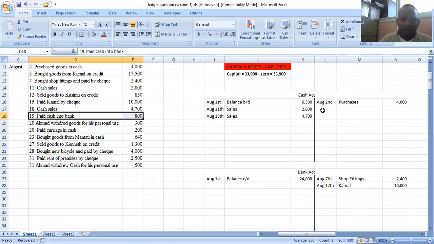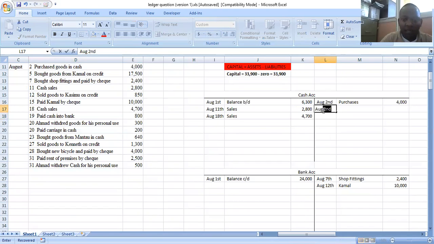So that is August 19th. Credit cash by bank, and the amount is 800, and then debit bank on August 19th. The narration is by cash and the amount is 800.